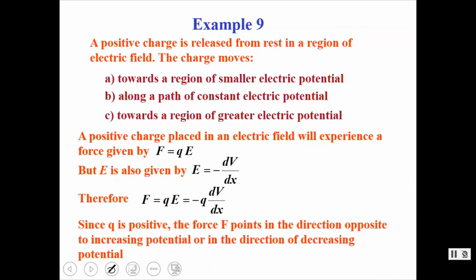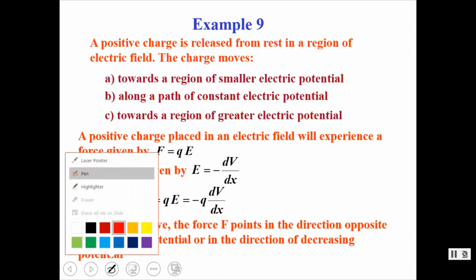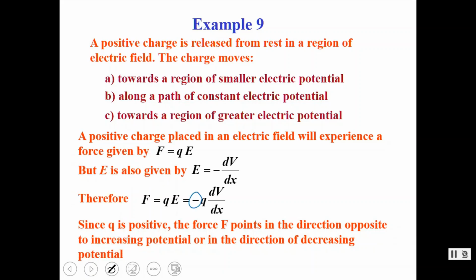So since Q is positive, that means the force points in the direction opposite to increasing potential. Once again, this negative is creating an opposite. So if we have a positive test charge, and our potential is decreasing, then this means opposite.